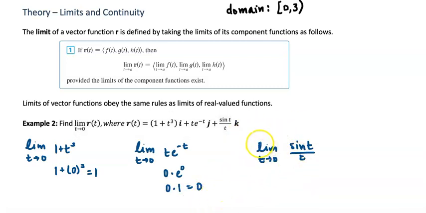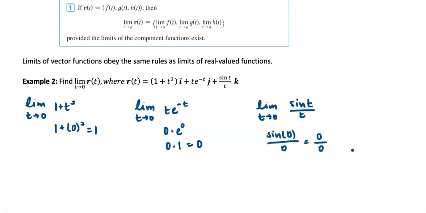Now for the third component, when I plug in 0, I get the sine of 0 over 0. Okay, well, the sine of 0 is just 0. And when I get something in the form of 0 over 0, yes, that's right, we use L'Hopital's rule.